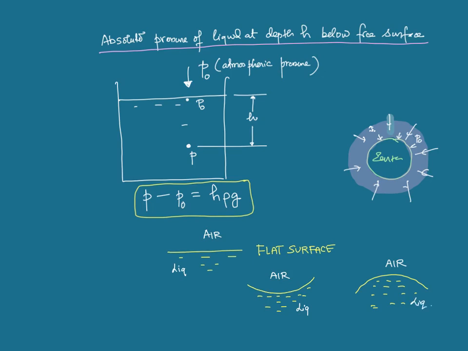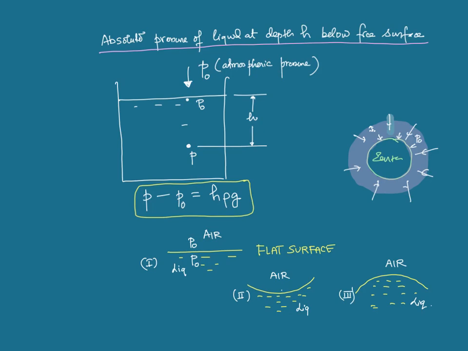Now, for the flat surface, outside pressure is P naught and inside pressure is also P naught. For the curved surfaces, let's name the figures 1, 2 and 3.